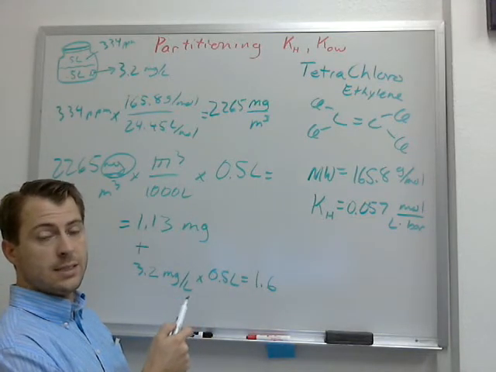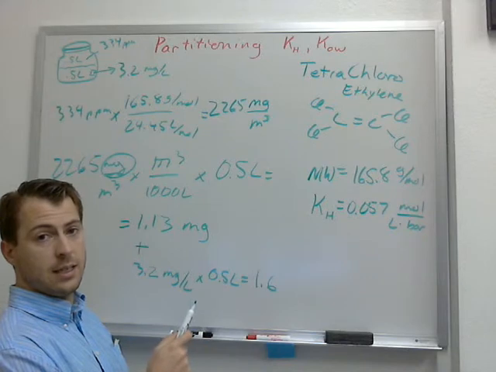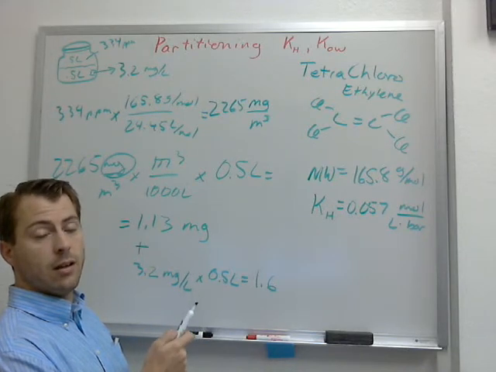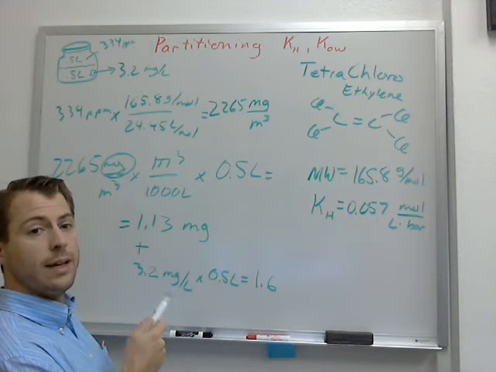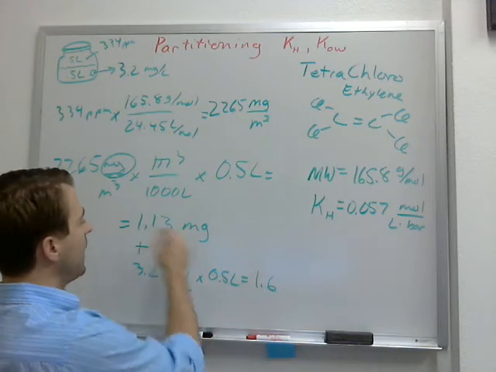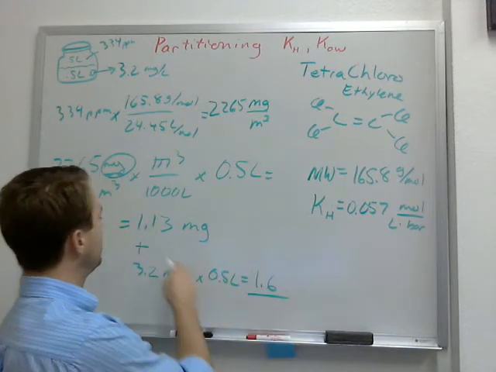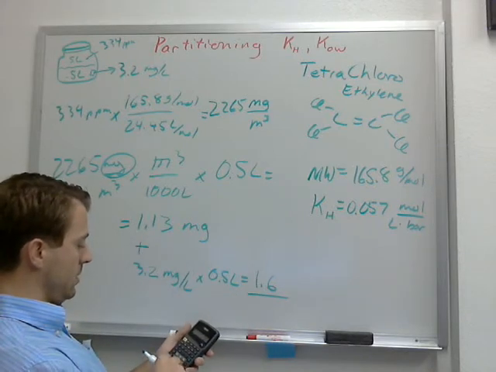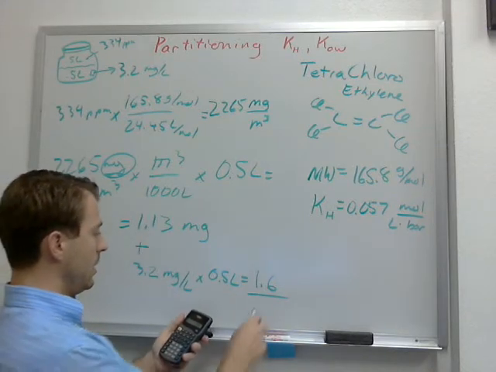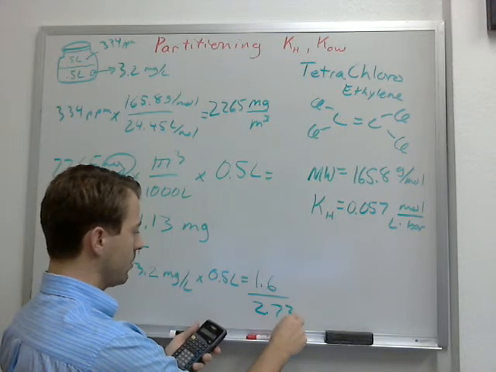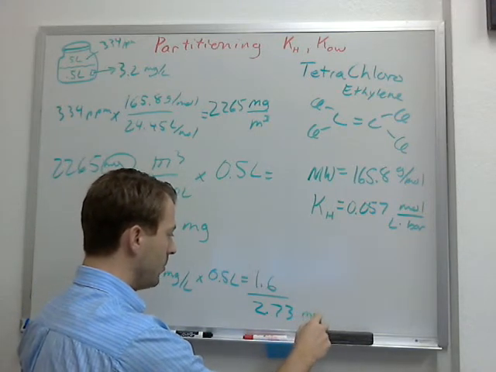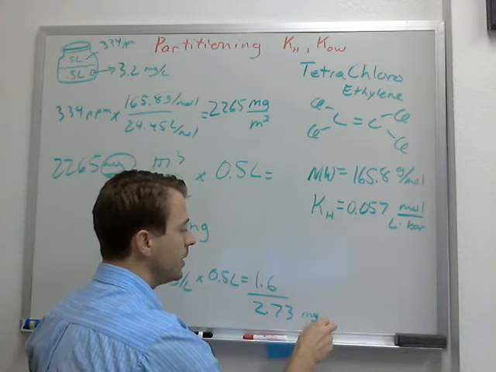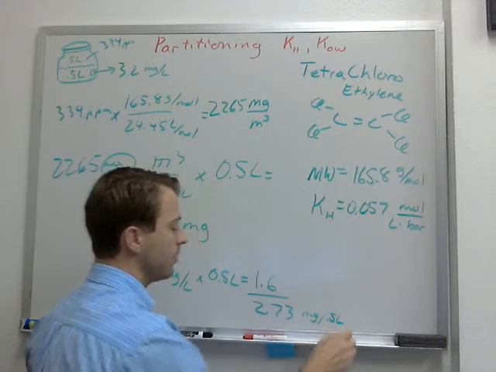So this is why we sample for VOCs like TCE with a VOA vial and make sure we do it with 0 headspace. So anyhow, we add these up together and we see that 1.13 plus 1.6 equals 2.73 milligrams, and that was in 0.5 liters, right?